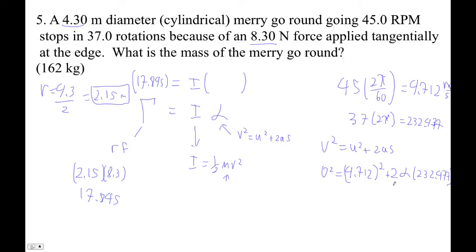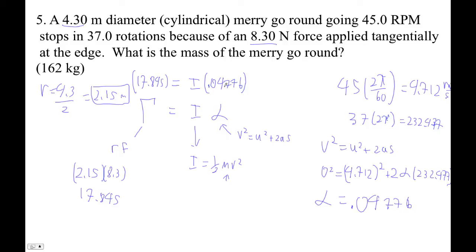So alpha is u squared divided by 2 s, and the alpha is small, 0.04776. I'm going to store that in A just for fun.